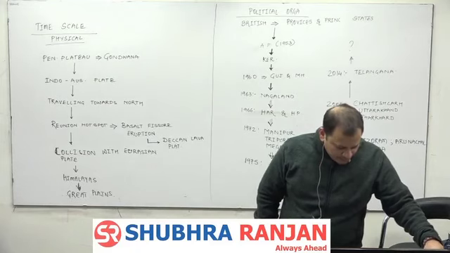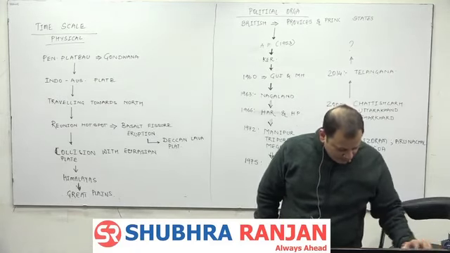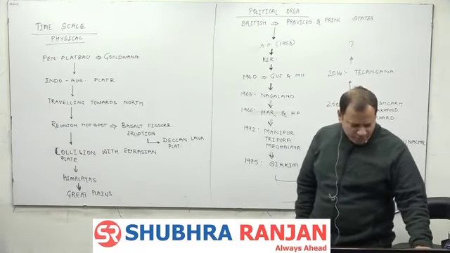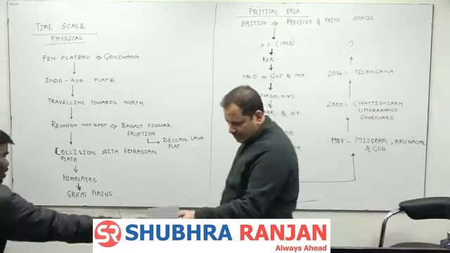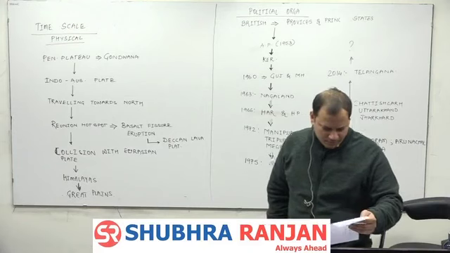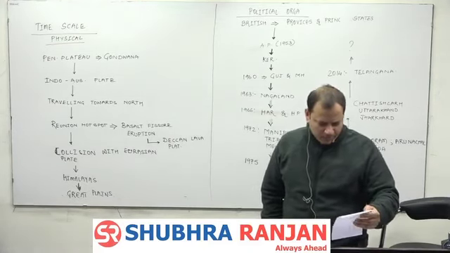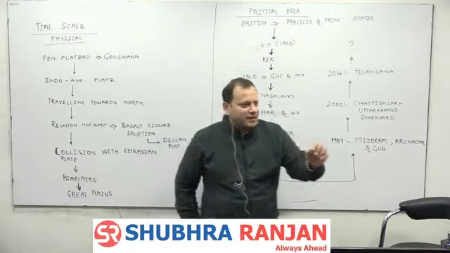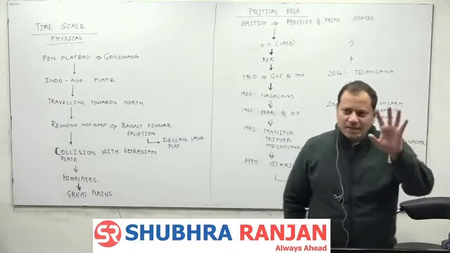India has a coastline of how many kilometers? 7516 kilometers. True or false? India has a coastline of 7516 kilometers.